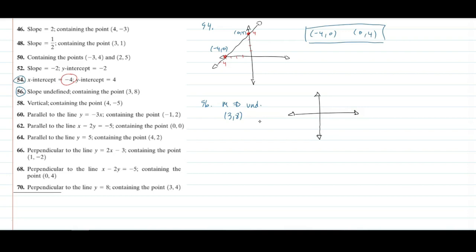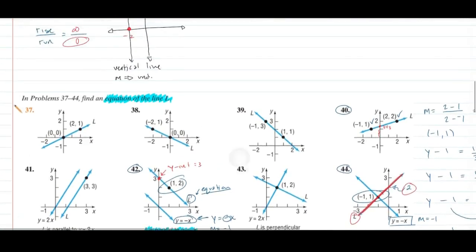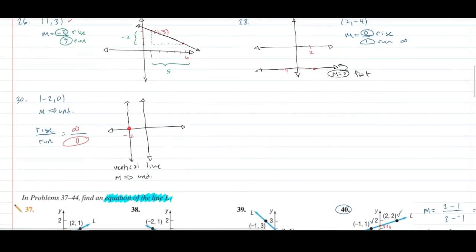That's the point that it's going through. So let's suppose this is my 3. This is exaggerated and off scale, but that's not really a big deal right now. So there you go. There's my 3, 8. And then it's telling you that the line is going to have an undefined slope. So let's pause here and let's go all the way to the beginning of the lesson. And what did we talk about undefined slopes?